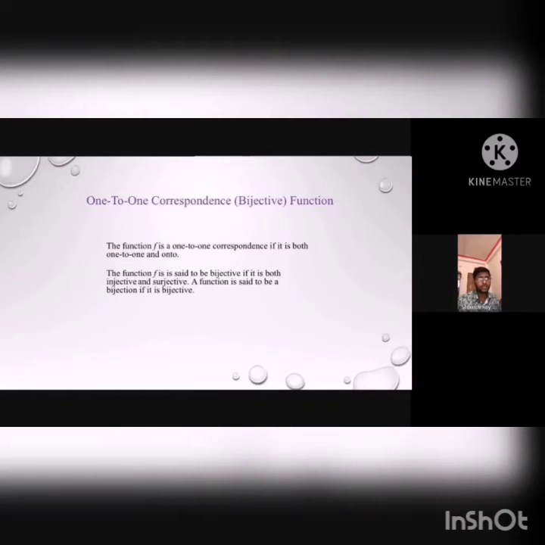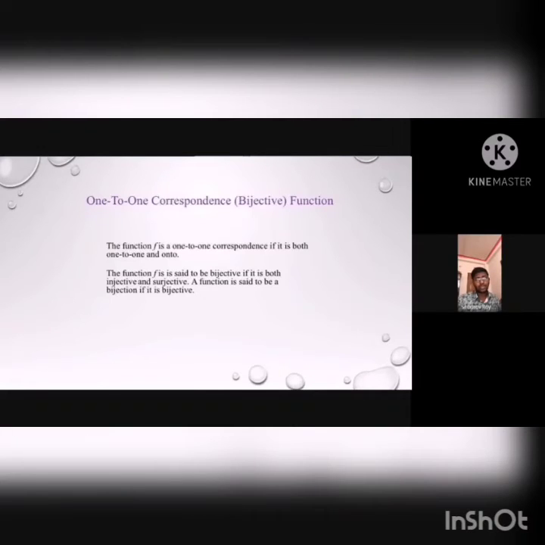A function is said to be bijective, or a bijection, if it satisfies both the injective, one-to-one, and surjective, onto, properties. It means that for every element b in the codomain B, there is exactly one element a in the domain A such that f(a) = b.